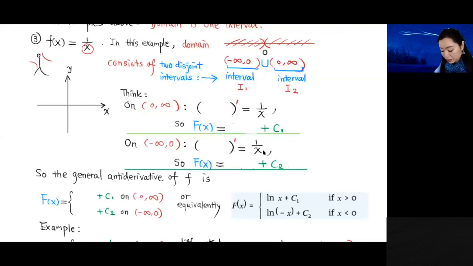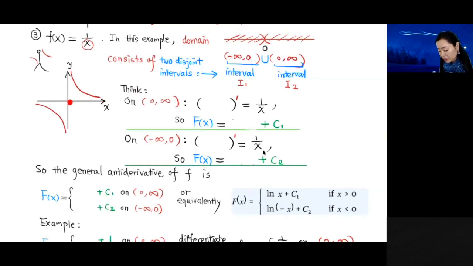Let me try to graph this for you. 1 over x, remember our dance move for 1 over x, right? Like a fan dance, the Chinese fan dance over here. So it's like that in the first and the third quadrant. So you see that is 2 disjoint intervals, the domain, all real numbers except 0.